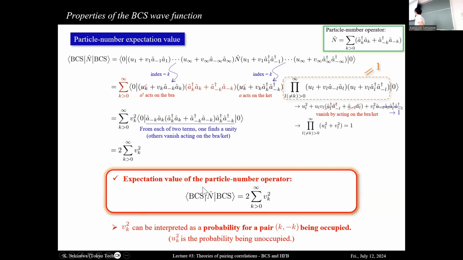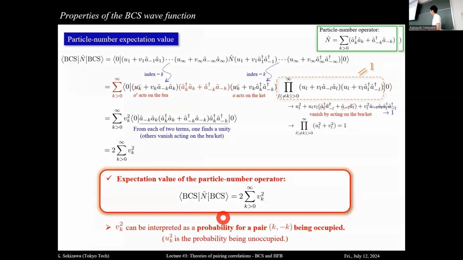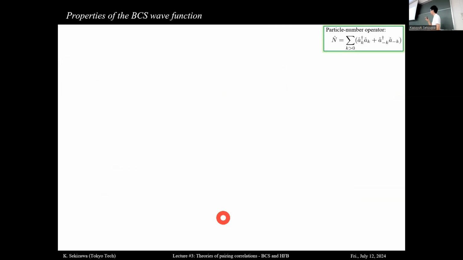And you can get this particle number expectation value. Okay, so those are 2 important properties of BCS wave functions.